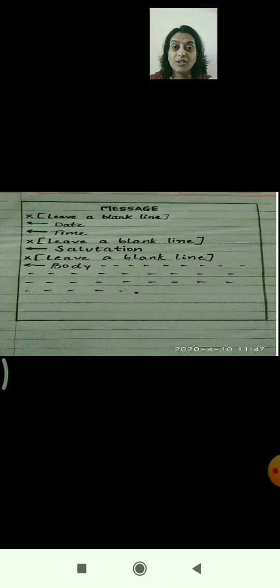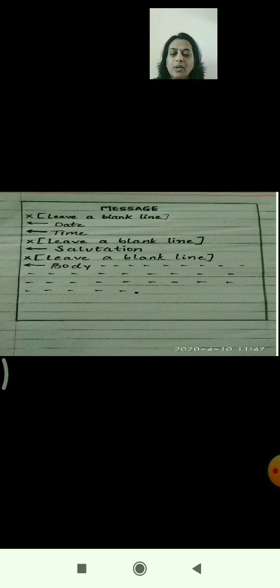Yes, 3 or 4 sentences only. So that is the main body. Approximately you are going to write 40 to 50 words. So that is the body.